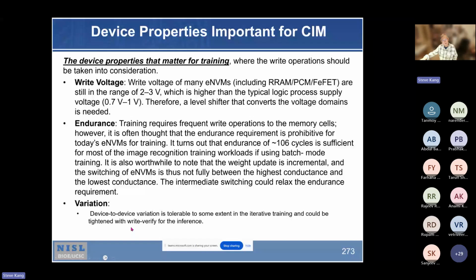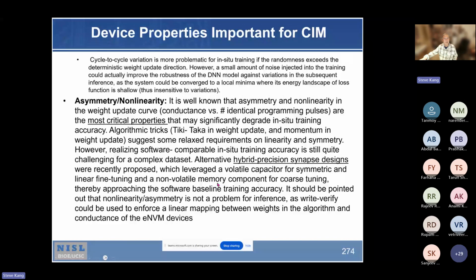So yes, it requires some more peripheral circuits to do this. You write and then verify, see whether it's correct or not. Then you can mitigate some of the variation problems. Cycle-to-cycle variation is more problematic for in situ training, right? When you keep on operating, there is a drift.